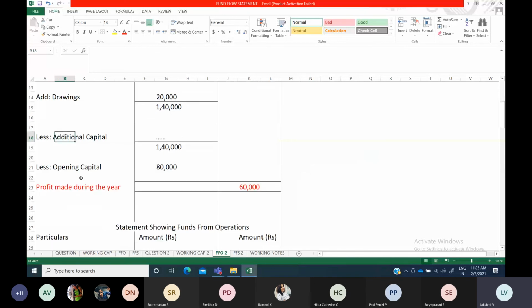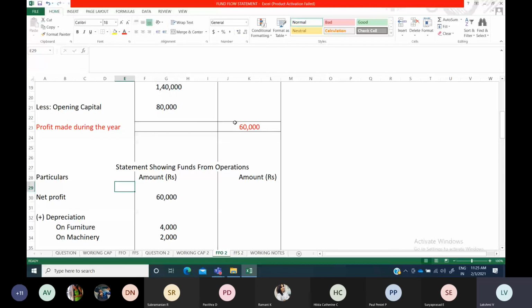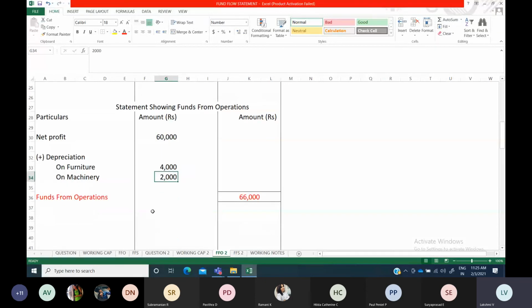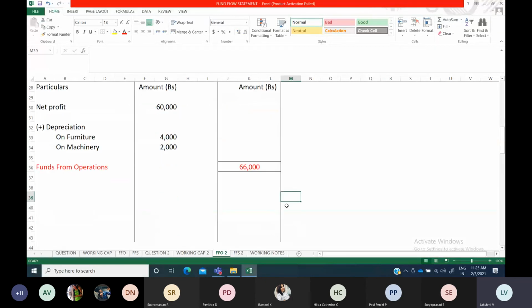So from this only my funds from operation calculation is starting. Since this is a profit made during the year, I am considering it as a net profit and I am preparing a statement showing funds from operations and calculating this amount. Okay. Now, the next step will be your fund flow statement.